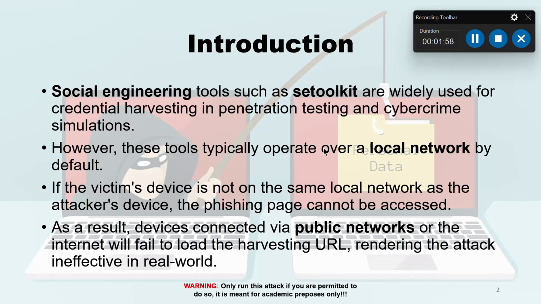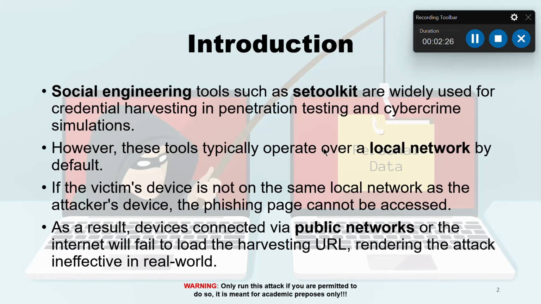So if the victim's device is not on the same local network as the attacker's device, the phishing page cannot be accessed, which is one of the barriers. As a result, devices connected through public networks or the internet will fail to load the harvesting URL, rendering the attack ineffective in the real world.